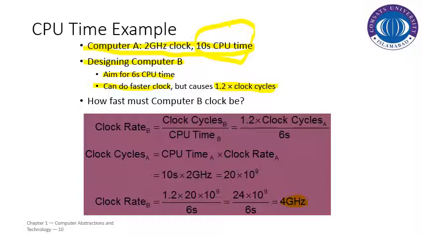Now you can see that we have doubled the clock rate, but it does not guarantee that our execution time is also reduced by 50% or half.